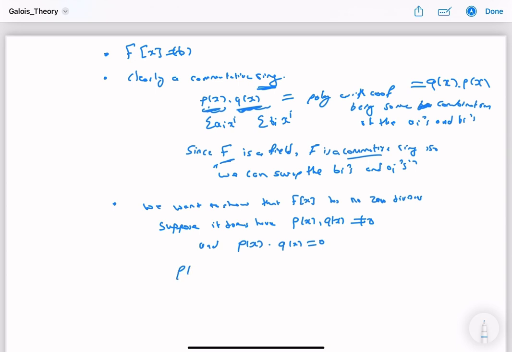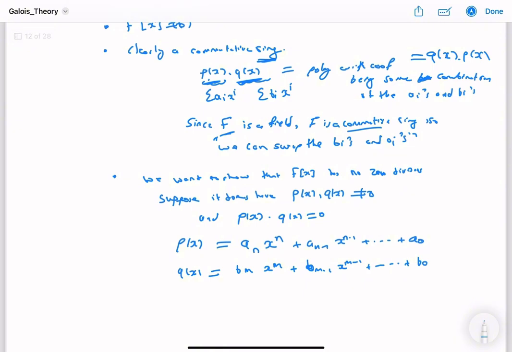So let's write p of x as a sub n x to the n plus a sub n minus 1 x to the n minus 1 plus dot dot dot plus a naught, and let's write q of x as b sub m x to the m plus b sub m minus 1 x to the m minus 1 plus dot dot dot plus b naught. So here we have the degree of p is equal to n, and the degree of q is equal to m.